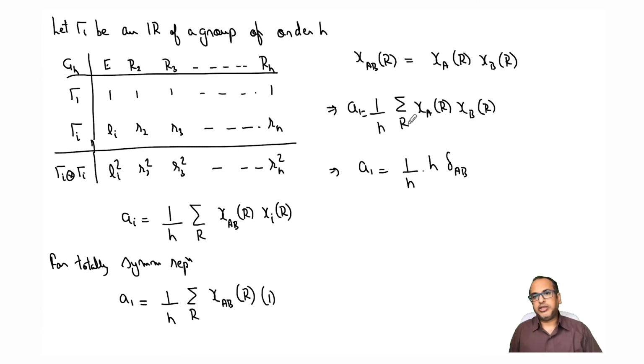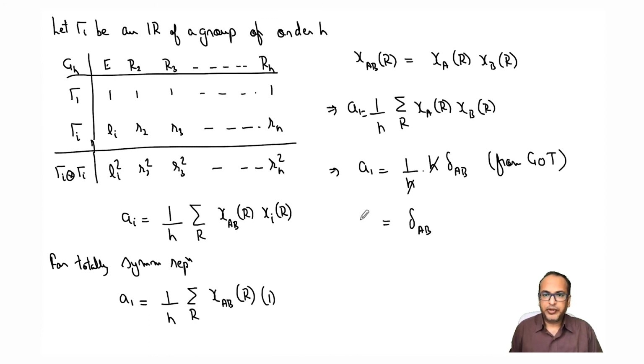So the summation over all R of the characters of two IR representations gives you delta. We have learned this in terms of chi i, chi j, and this will be delta ij. Remember? So this is directly from the GOT properties. If you go back and look at the lectures where the 5 properties of GOT were discussed, we had discussed this one. So that means now h is cancelled here. So this is basically delta AB. So A1 is nothing but delta AB.